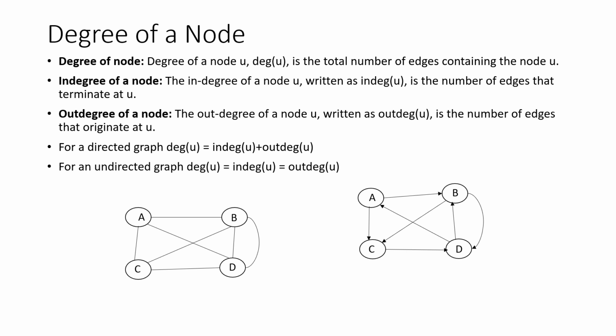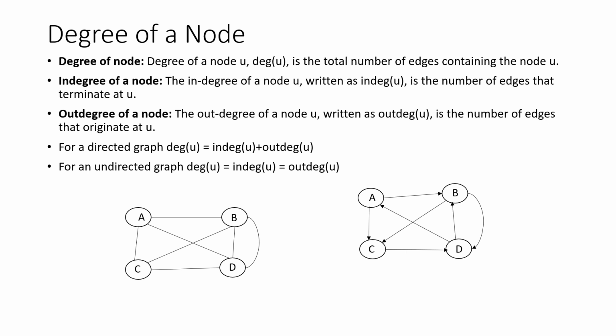For example, in the graph shown at right, we can see that there is a node C whose indegree is 2 because there are two edges terminating at C. Edge from A to C and edge from B to C. These are the two edges terminating at C. Therefore, we can say that the indegree of C is 2.